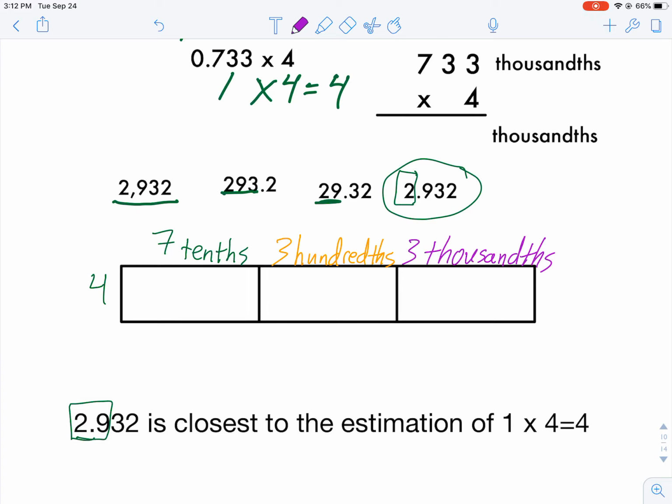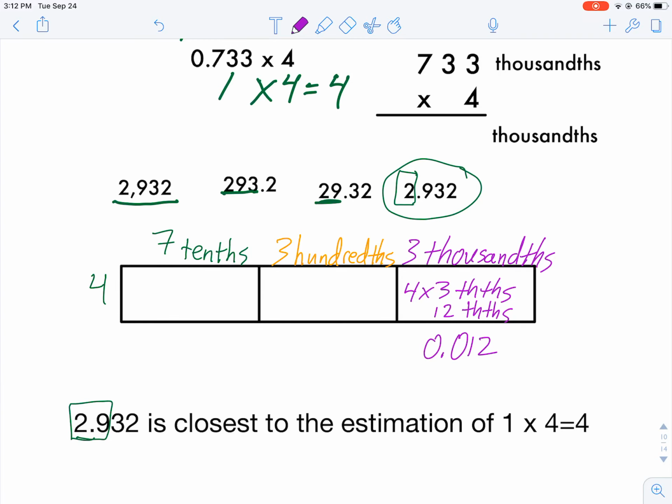Alright, so if we do this last one, 4 times 3 thousandths, we'll have 12 thousandths, which is equal to 0.012.